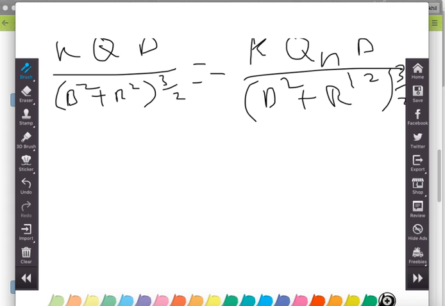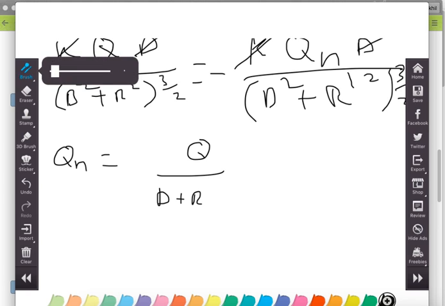Now, thankfully, we can cancel some stuff. Let's get those k's out of the way, and those d's. And now let's solve for Qn. So Qn equals, on this side, Q over (d squared plus R squared) raised to the 3 over 2.